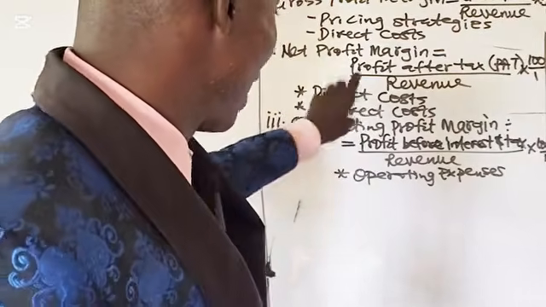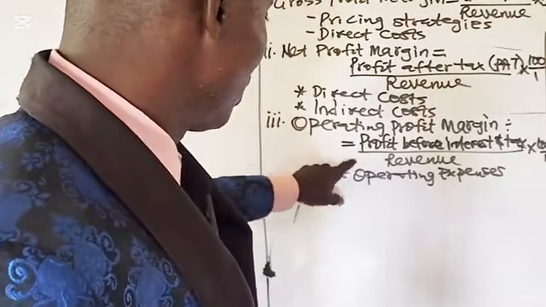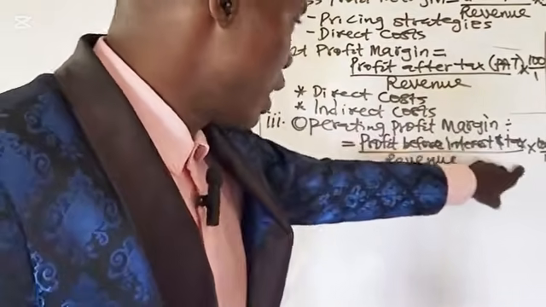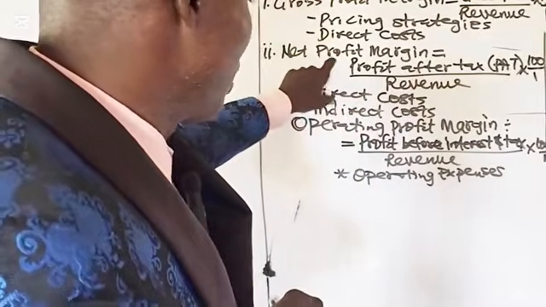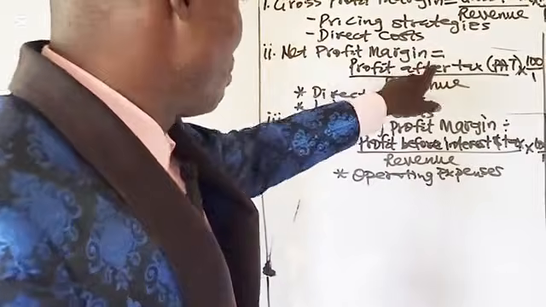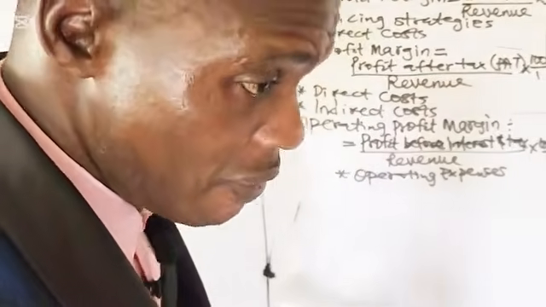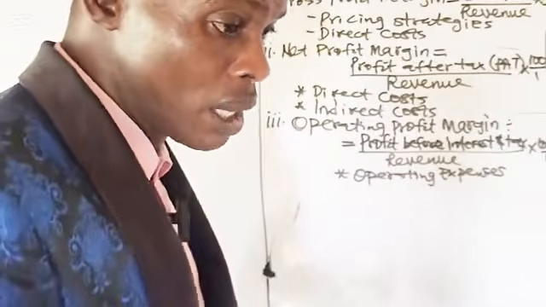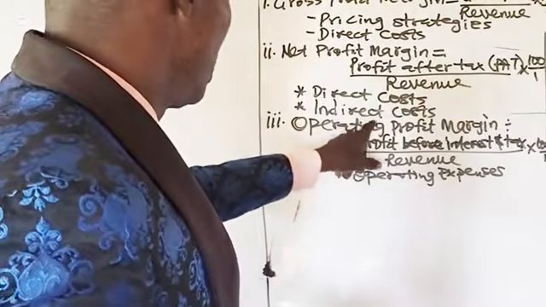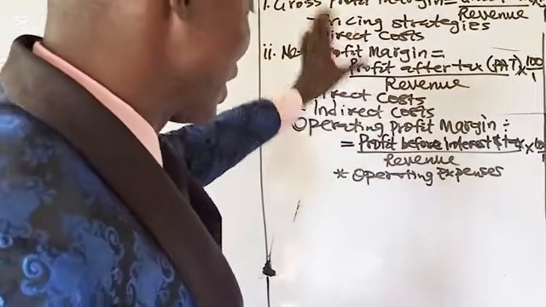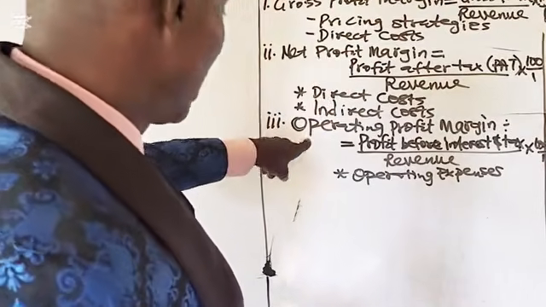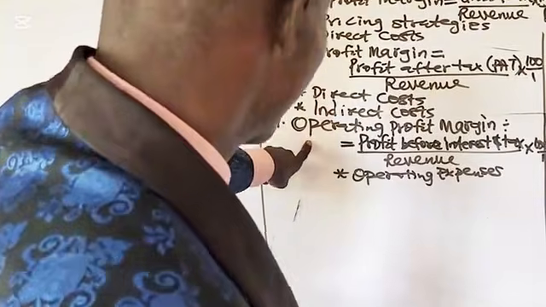The only difference is that we do not consider interest and tax when this one is calculated, but interest and taxes have been taken into consideration in calculating the net profit margin. So that is the difference between the two.